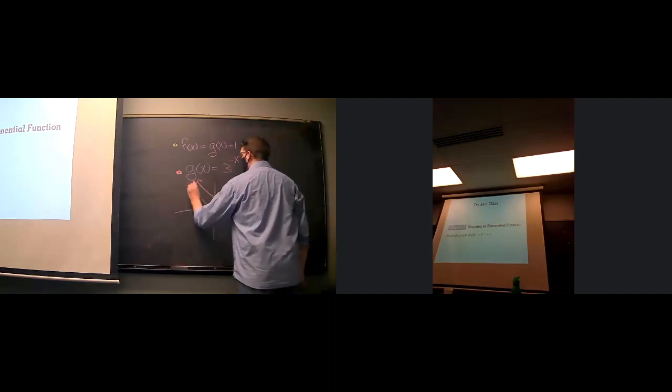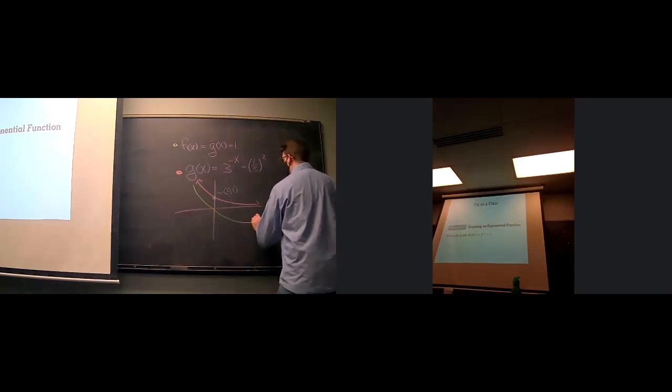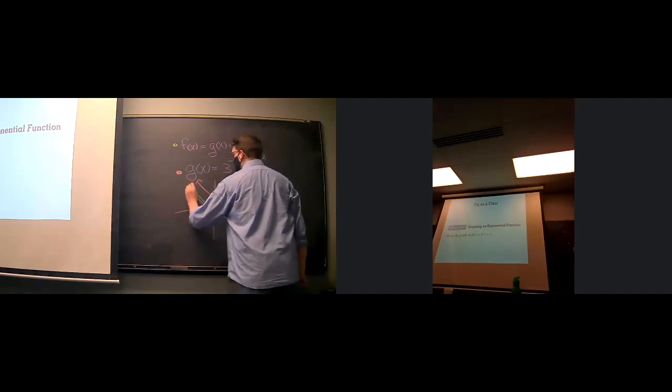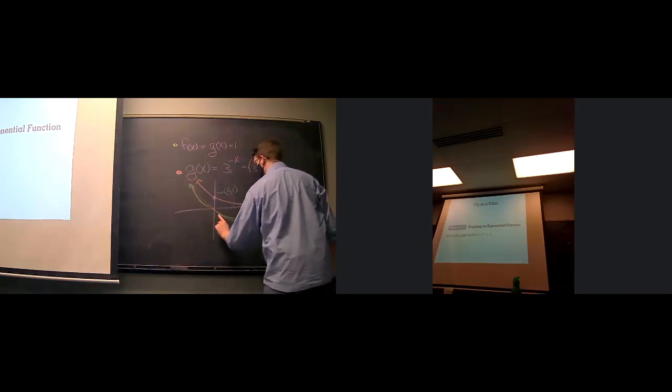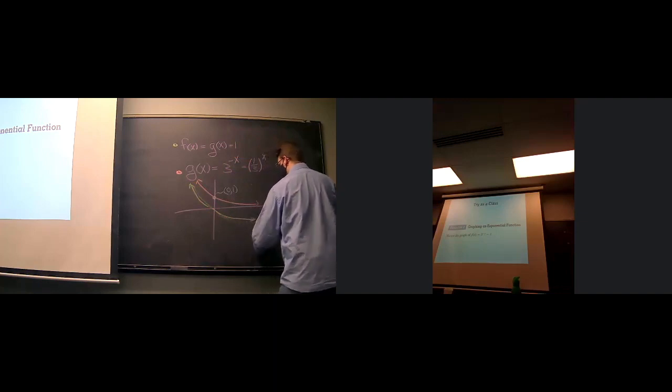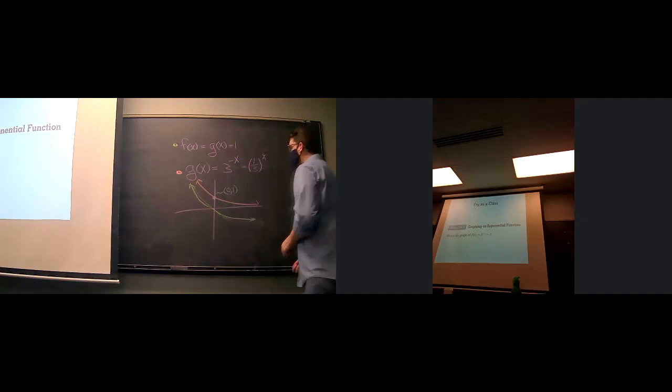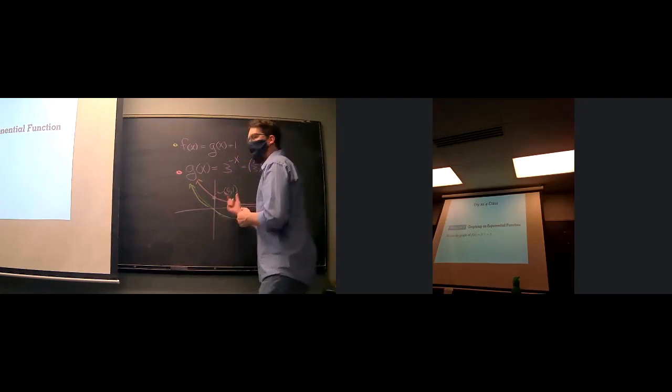So that means f of x is going to look something like this. Now, of course, this isn't precise because I didn't go through and find points and graph it point by point, but we see generally the idea.